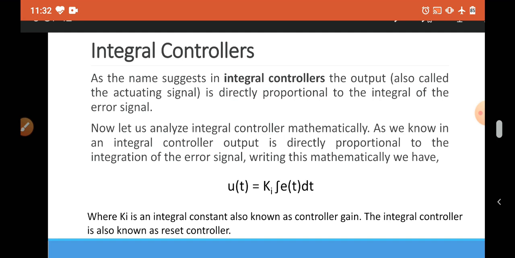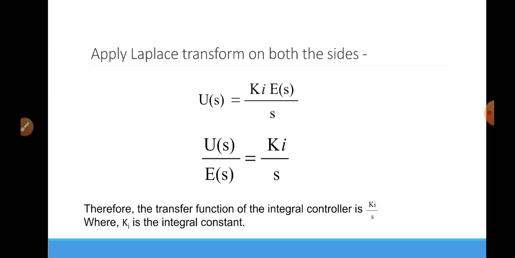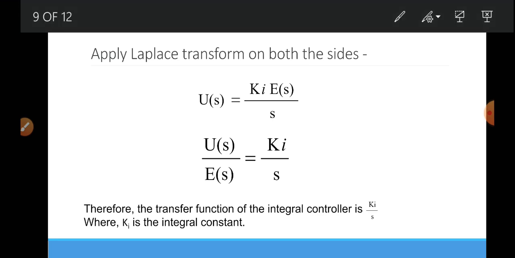Now let us take Laplace transform of this equation. So u of s will be equal to ki into e of s divided by s. Integral e of t dt is replaced by e of s divided by s, that is the Laplace transform of integral e of t dt.